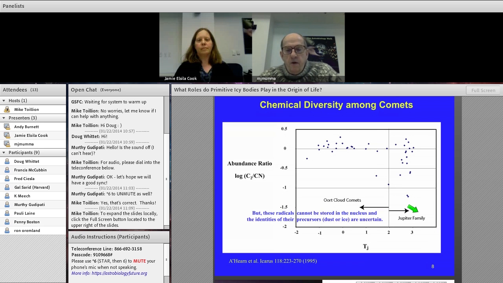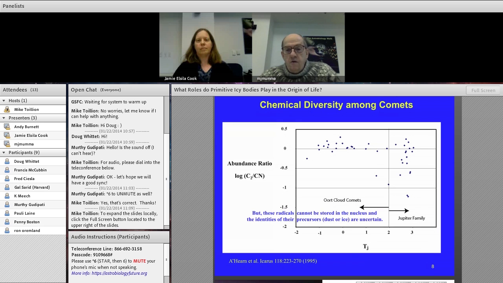One could only measure the fragments that derive from those molecules, and so C2 and CN are bright and easily seen in the optical. A team led by Mike A'Hearn and his collaborators basically quantified the ratio of C2 to CN in a number of comets and showed that comets from the Kuiper belt seem to be substantially depleted in this ratio, whereas a relatively smaller number of Oort cloud comets were so depleted.